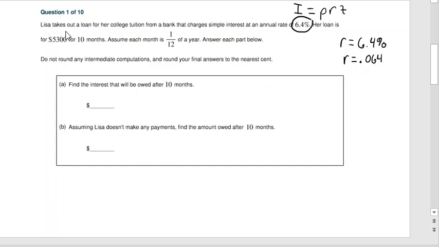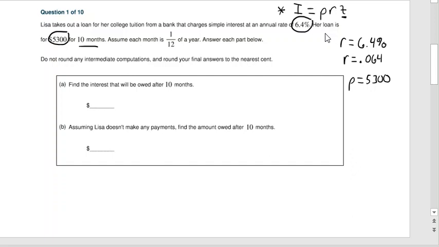Now, it says her loan amount is $5,300. So that means the P is $5,300. That's the loan amount. And this is for 10 months. And it says, assume each month is 1/12 of a year. So remember, in our simple interest formula, the T is time in years.